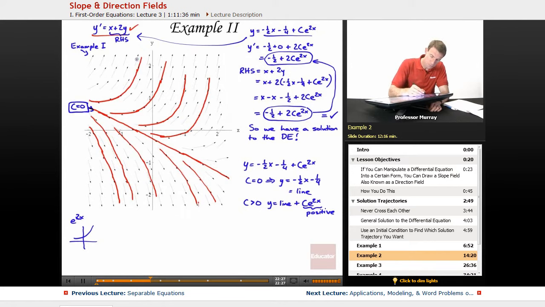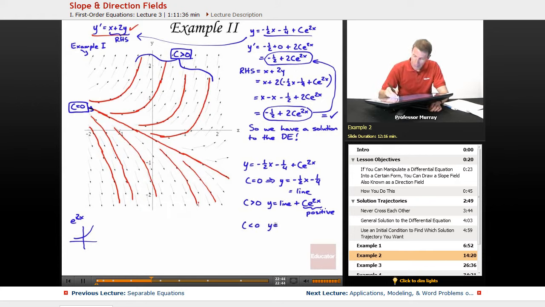So all of these solution trajectories correspond to positive values of the arbitrary constant in the general solution to the differential equation. Now, if c is less than 0, I'll get y is equal to a line plus c e to the 2x, but this time the c would be negative.